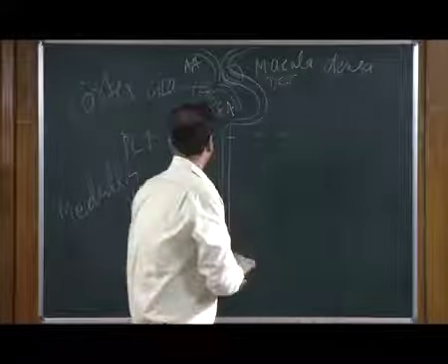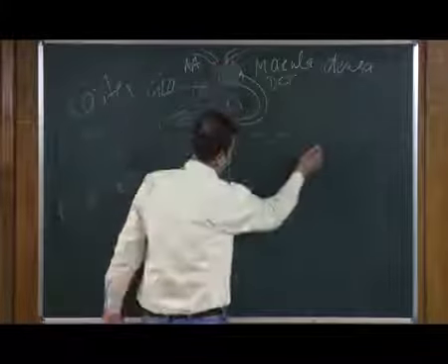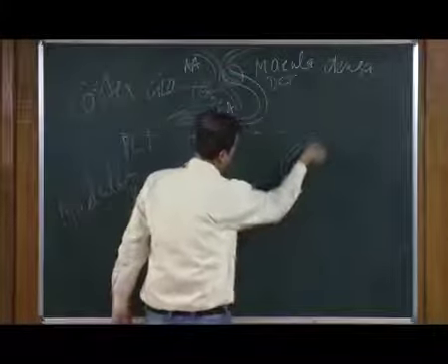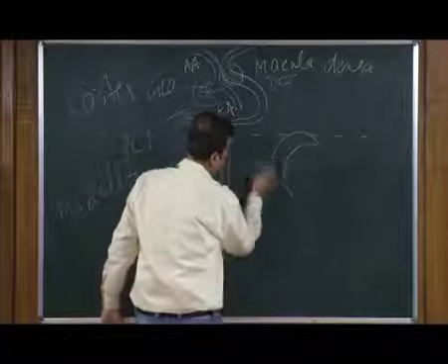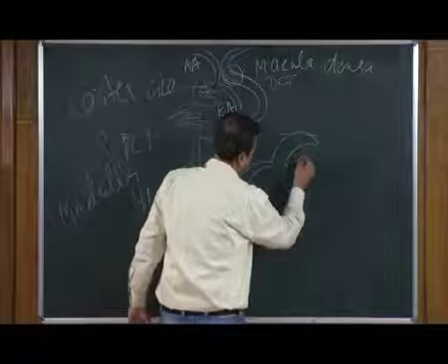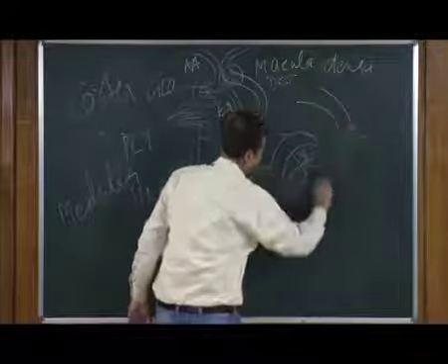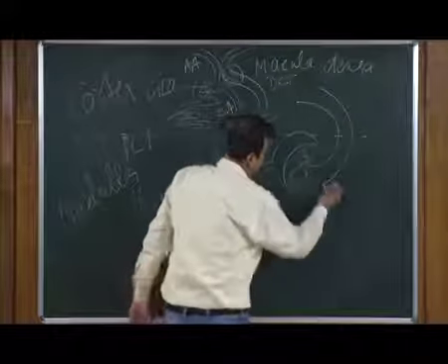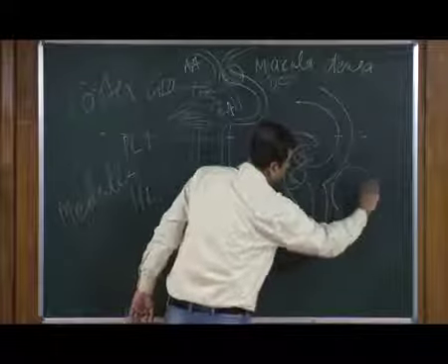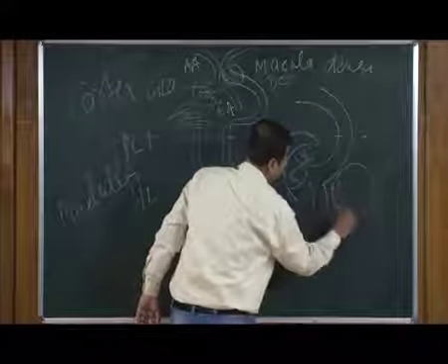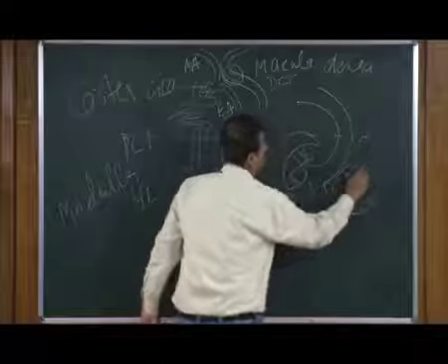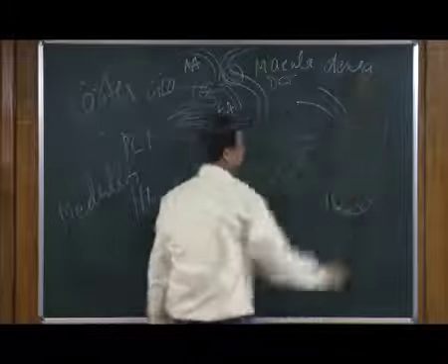Now we will try to see this area. Here we have the Bowman capsule, and then the glomerulus, and this is the afferent, this is the efferent, and here the cells are called macula densa.